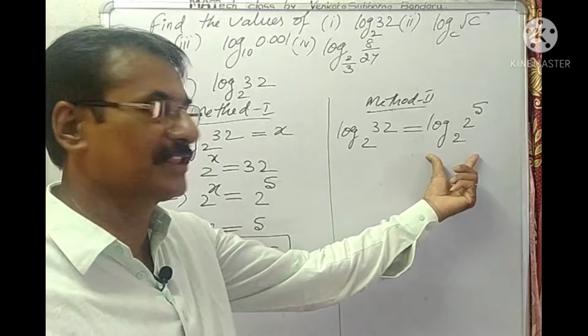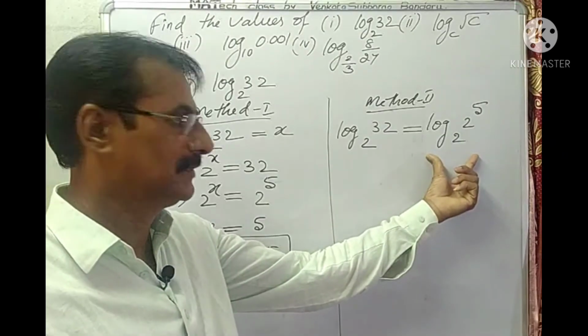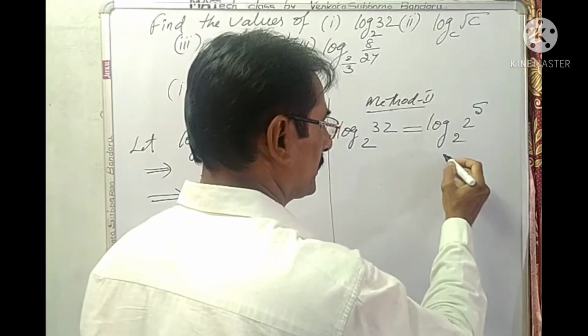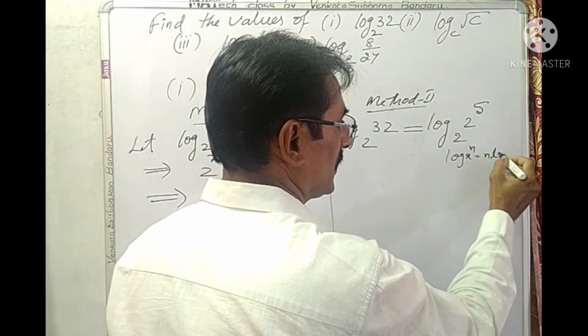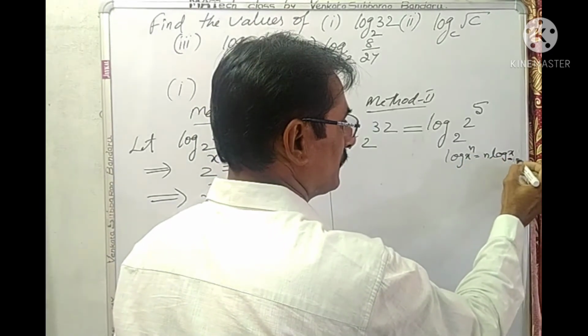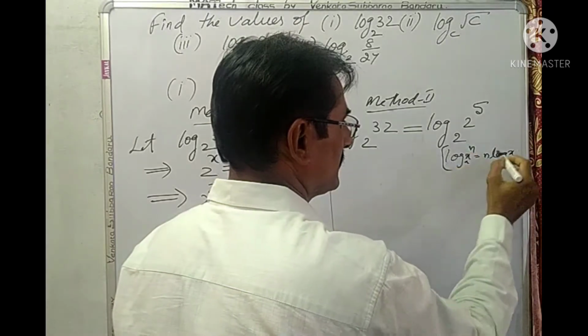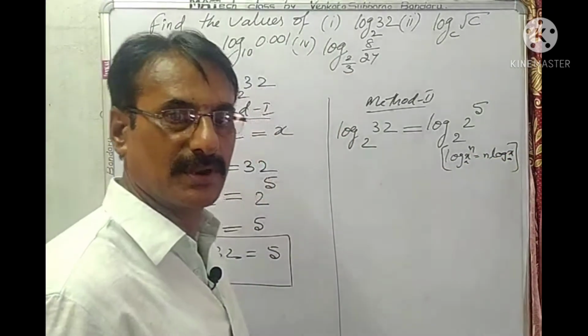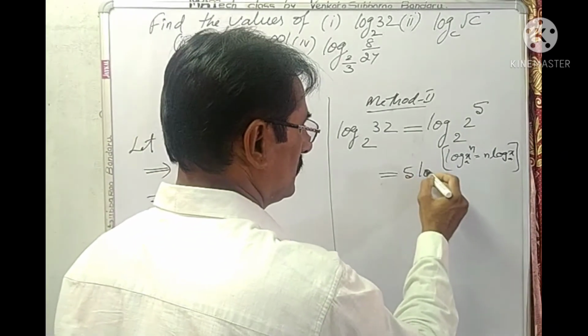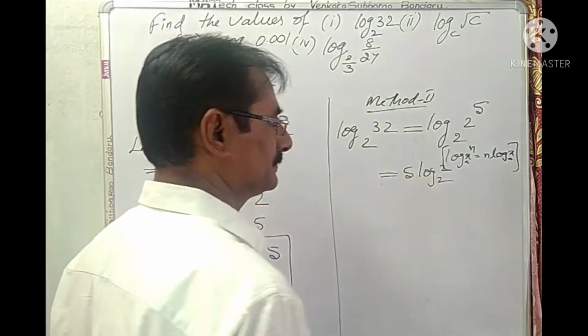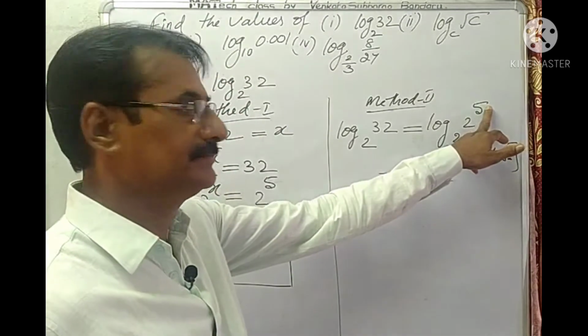Now it is exactly like the third logarithmic law. Already you know the third logarithmic law: log x to the power of n equal to n log x for base a. As per that, we can write 5 log 2 base 2. 5 is the n value.